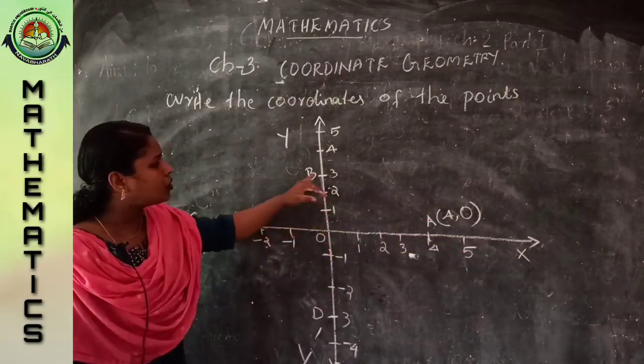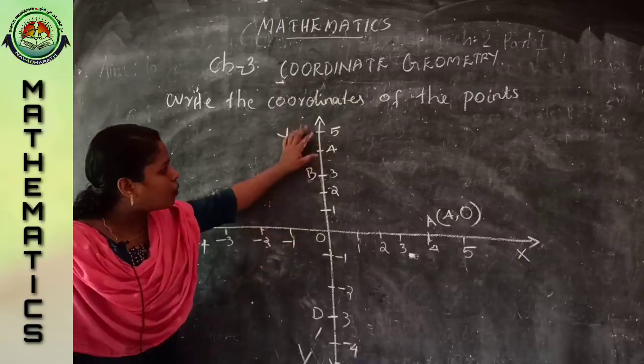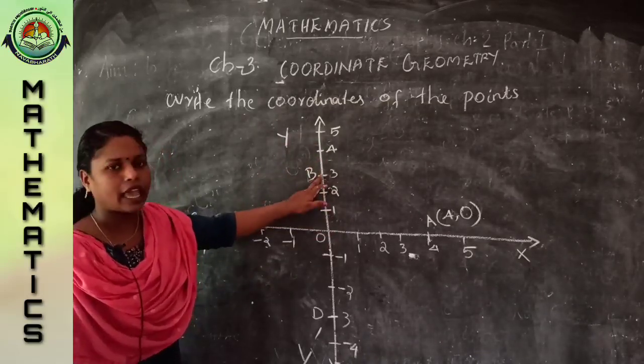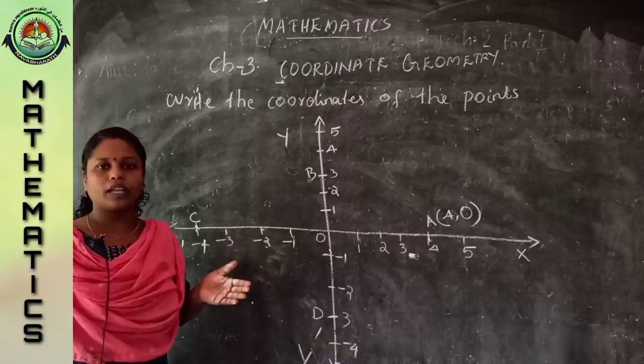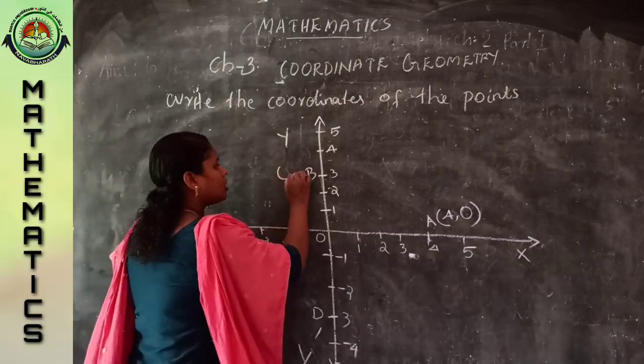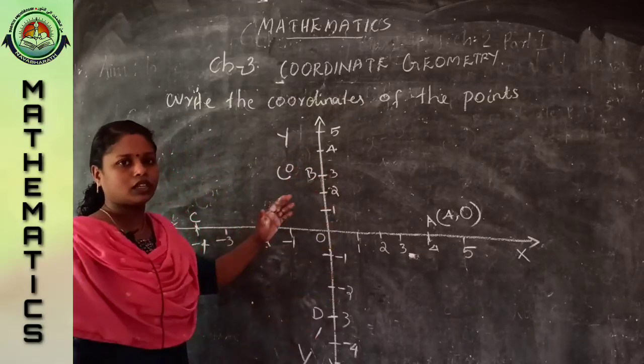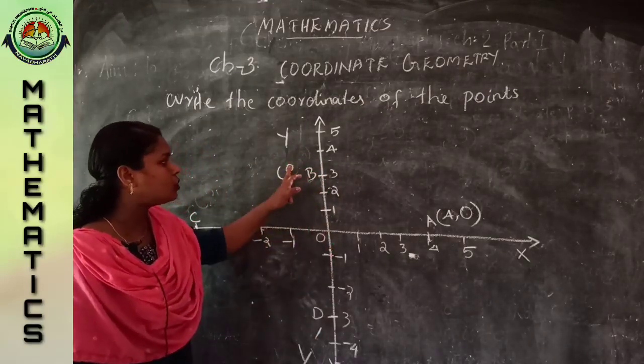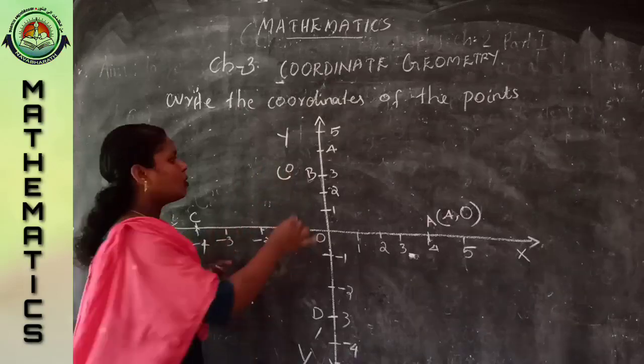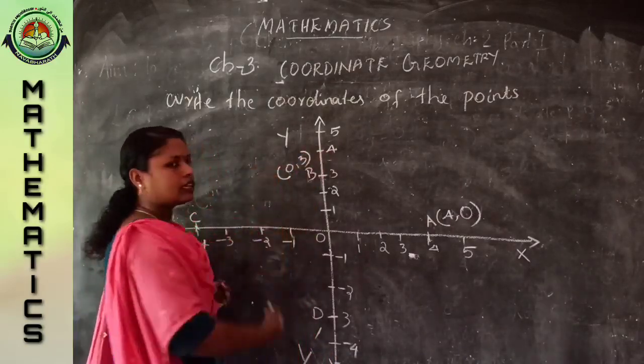How can we write the coordinates of point B? This point B is on the y-axis, so the x coordinate is 0, and the point is 0, 3.